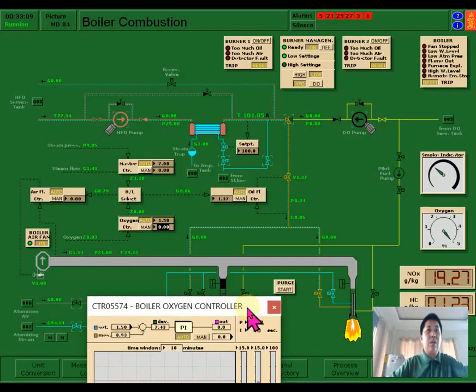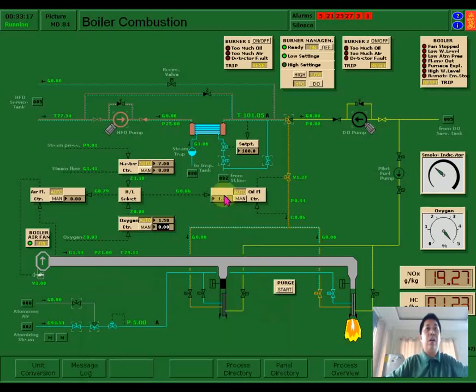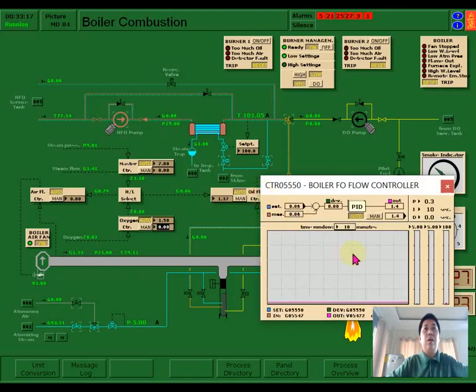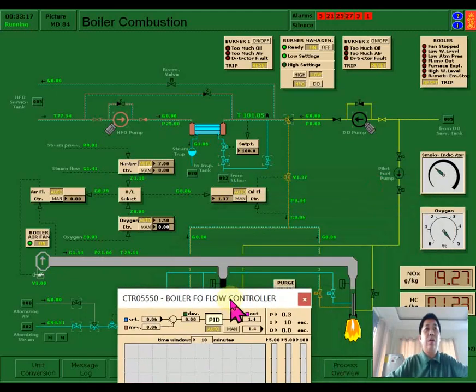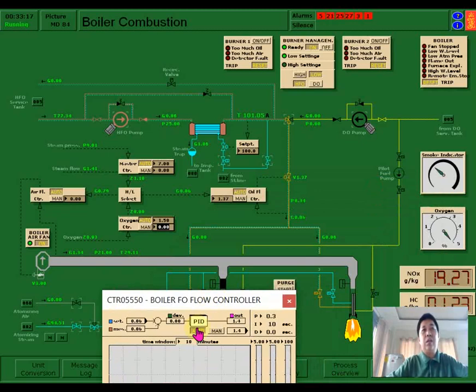So as you can see here, this is only controlled by PI, not PID, proportional and integral. But in the fuel oil flow control, this is controlled by PID, proportional, integral, and derivative.